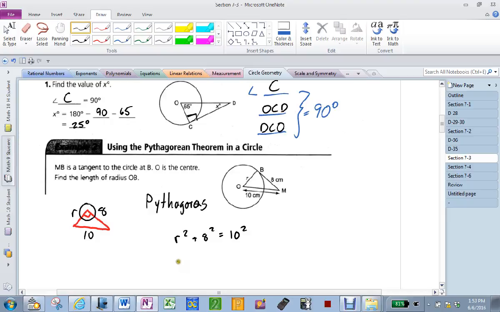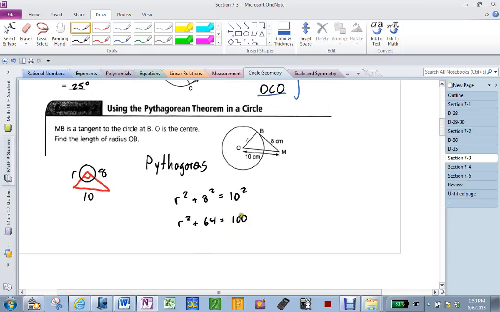What is 8 squared? 64. What is 10 squared? 100. Now solve it. Minus 64, minus 64. R squared equals 36. What is your last step in a Pythagoras question? Square root. R equals 6.